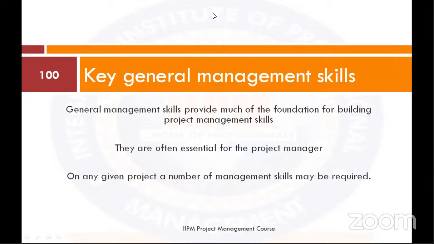If you say good communication skills is needed for project management, and then maybe last week you had a fallout with one of your staff, that means that particular skill may be lacking.